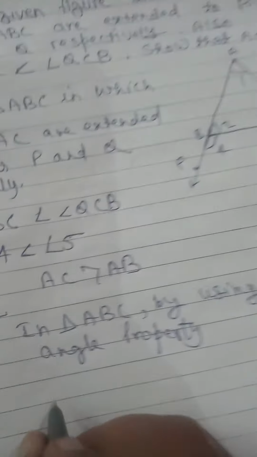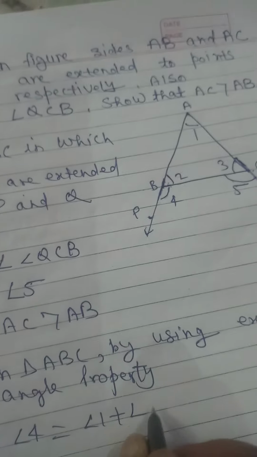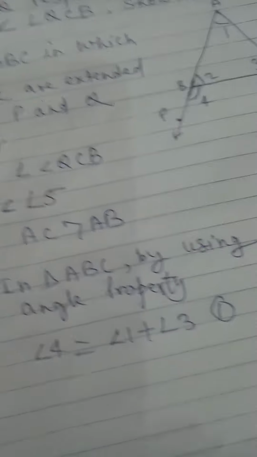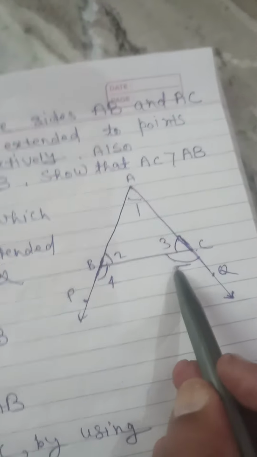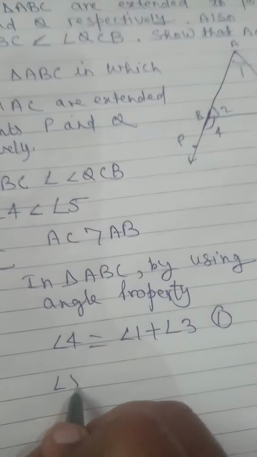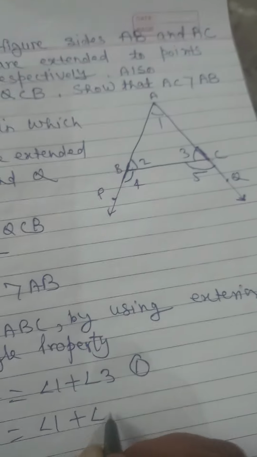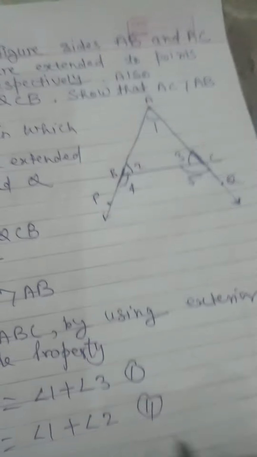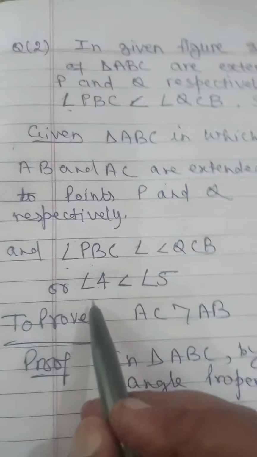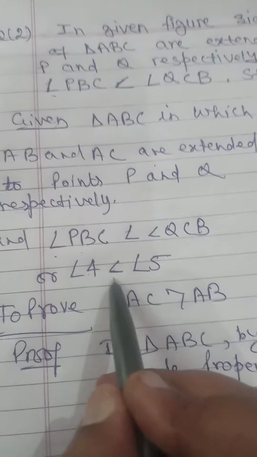Angle 4 equals angle 1 plus angle 3. Suppose this is equation first. Similarly, angle 5 equals angle 1 plus angle 2. Suppose this is equation second. Now here it is given angle 4 is less than angle 5.